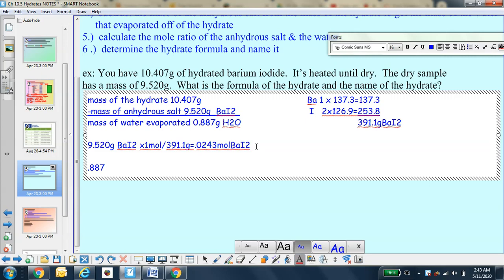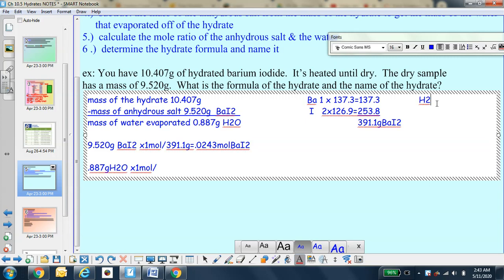We have 0.887 grams of water multiplied by 1 mole divided by, now we need to figure out what the molar mass of water is.